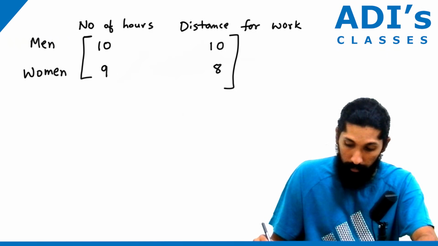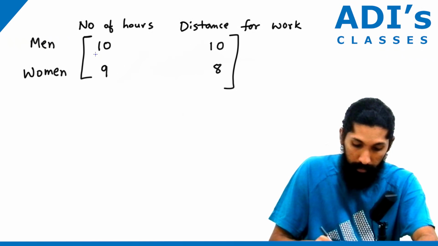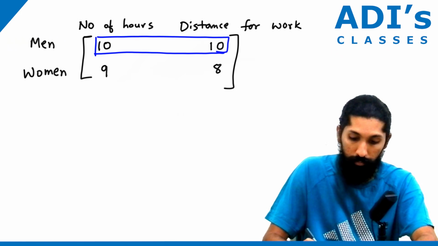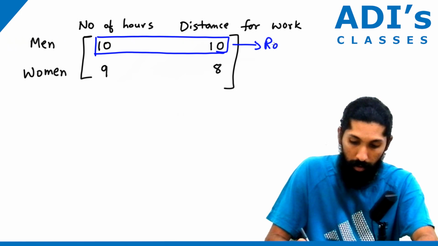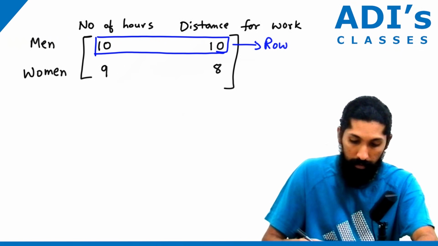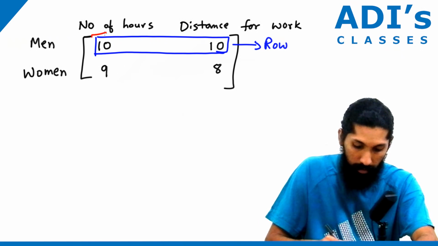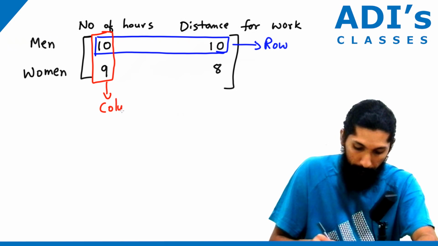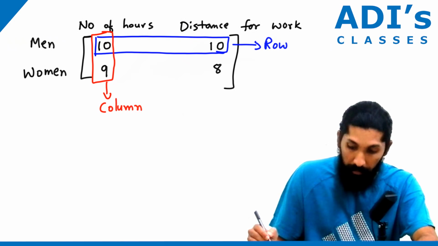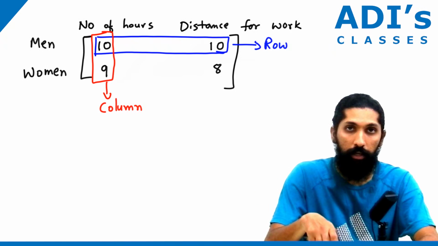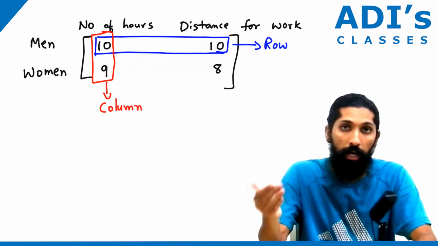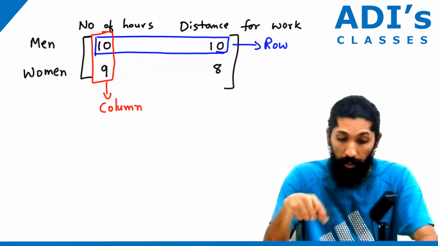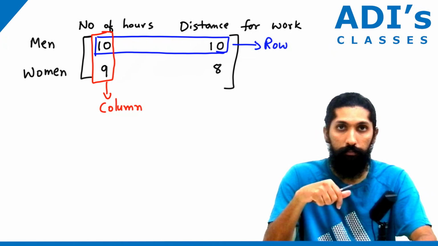Here, this is a row. Then another one is a column. Any matrix you take has rows and columns. So here we have 2 rows and 2 columns.